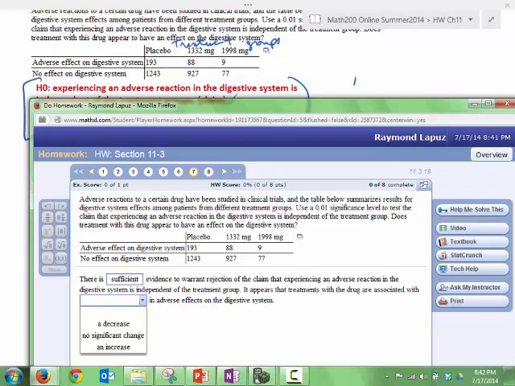Let's take a look at the expected values. Did you guys see the expected value matrix? It appears that treatments with the drug are associated with a decrease, no significant change, or an increase in adverse effects in the digestive system.